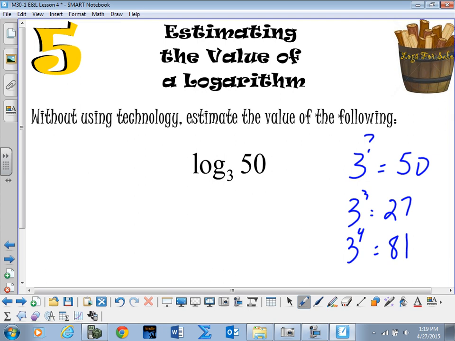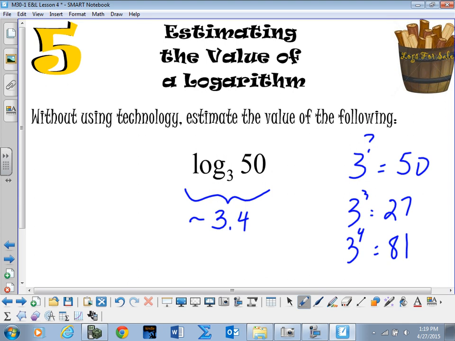So that tells me that this log, which represents an exponent, represents an exponent between 3 and 4. Now 50 is close to the middle here. It's pretty close to 3.5. I maybe would say a little less than 3.5, so my estimate is 3.4.